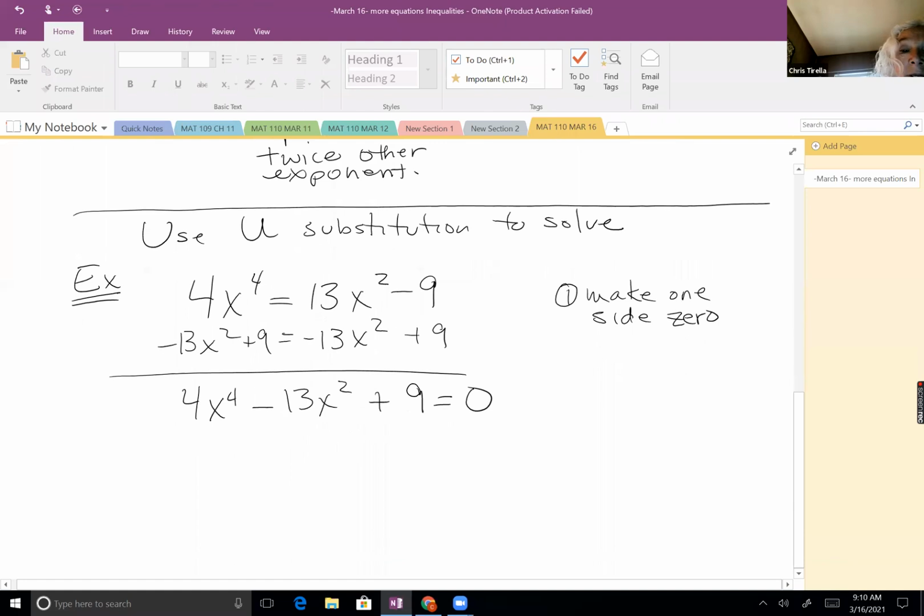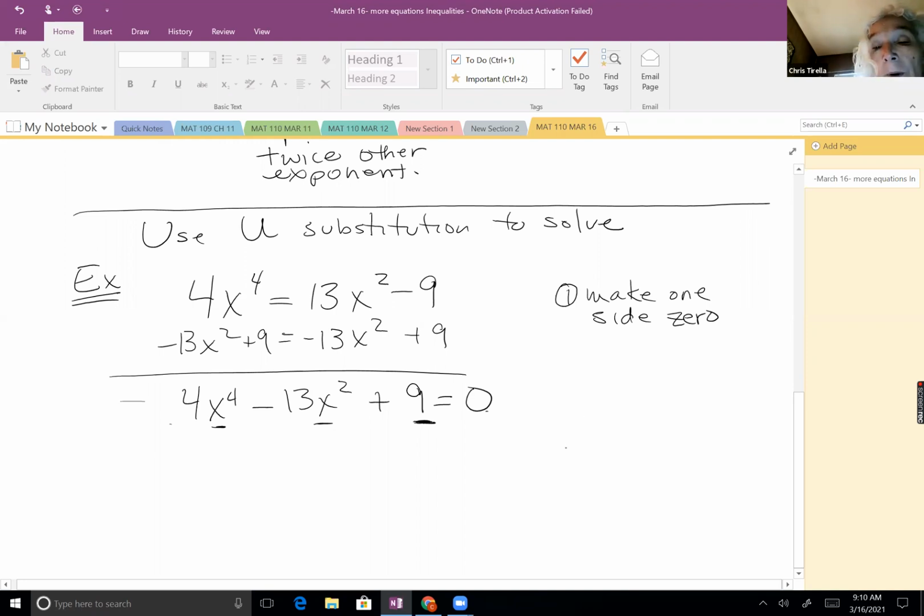Now that it's in descending order, notice that we have a trinomial. One side is 0. We've got a constant term. And when we compare the two variable terms, one exponent is twice the other.